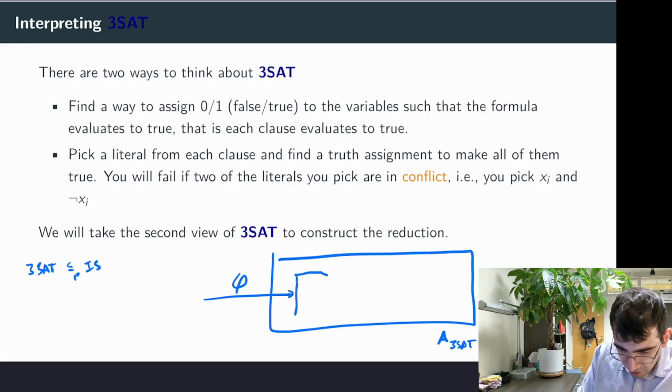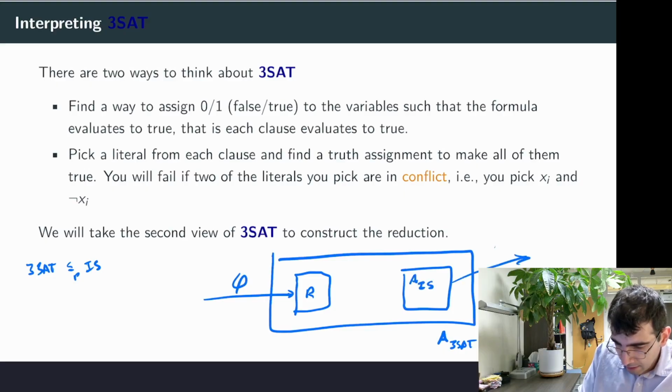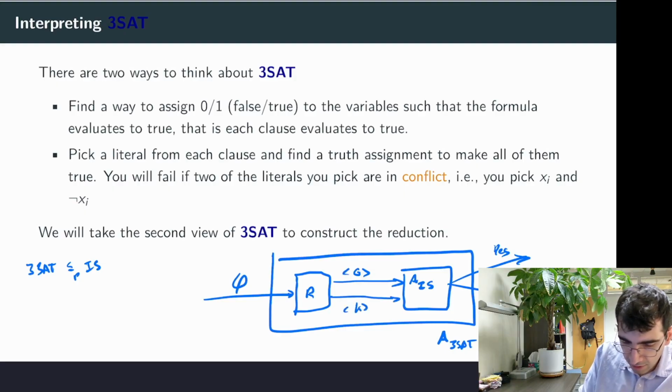We have a reduction, and we have the algorithm for independent set here. It outputs yes, no, and we have the inputs to independent set. So we have 2 inputs to independent set: a graph G, that's the encoding for G, and k. We'll do that encoding also.